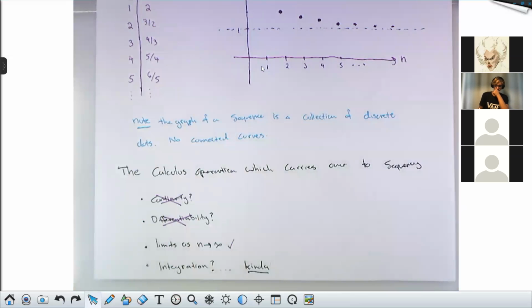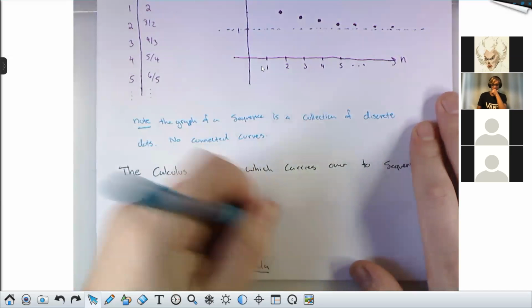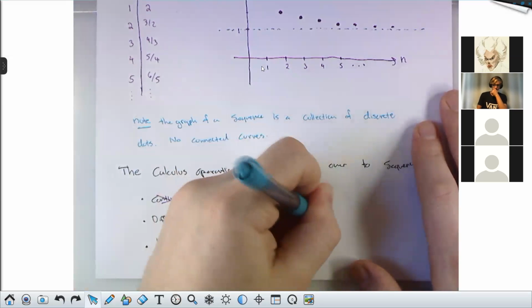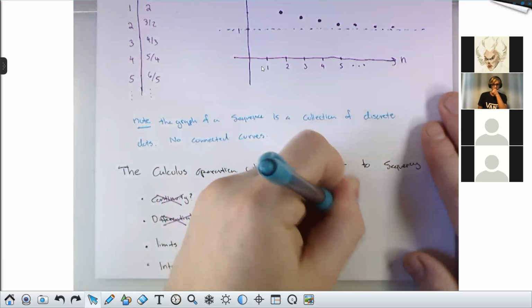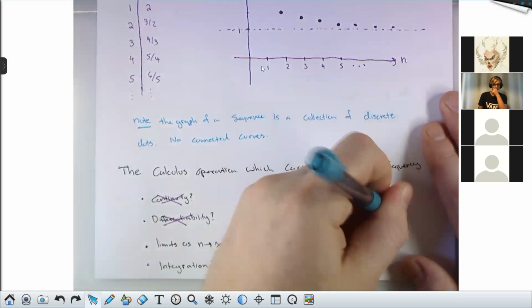So remember that a point is 0 dimensional. A point doesn't have any width. They're infinitely small.